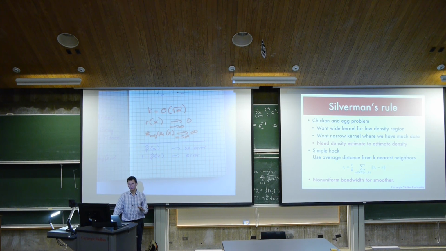So the benefit of doing this is that if there's absolutely nothing around me, I'm going to pick a very wide kernel. If there's a lot of data nearby, I'm going to pick a narrow kernel. This is obviously not perfect, but it's much better than not using this. So let me show you, and this will basically give you a bandwidth which is different at each and every single point that you're going to pick.